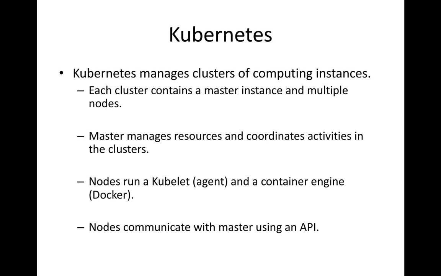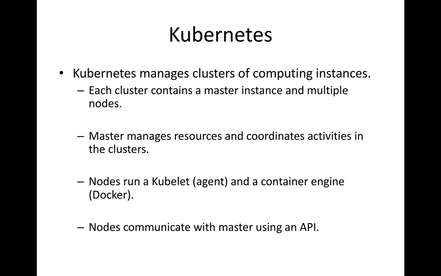Each computing node within the cluster runs something called a kubelet, which is basically a software agent. That kubelet agent will communicate back with the master instance, and that's how the master instance can coordinate and schedule the running of containers on the computing nodes within the cluster.